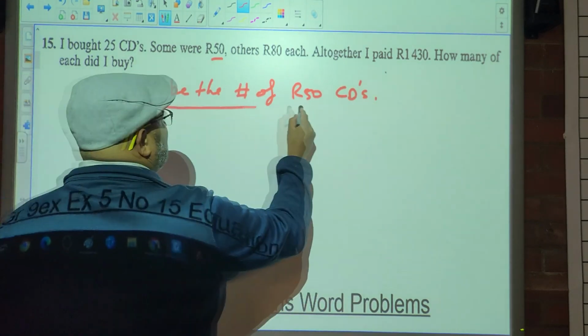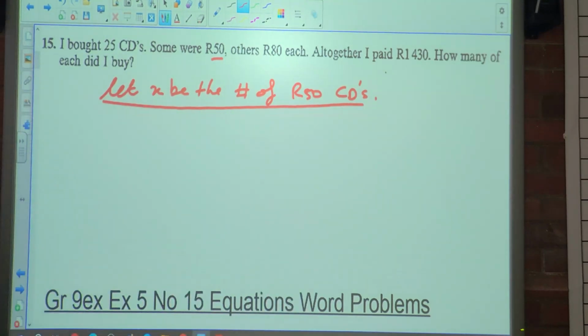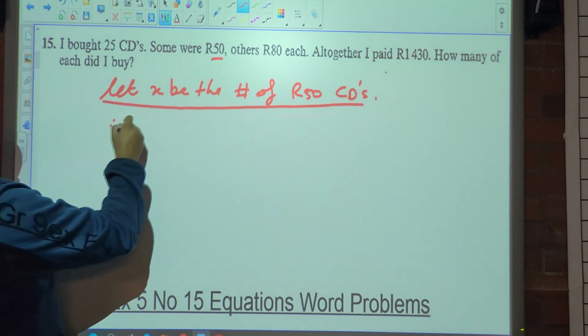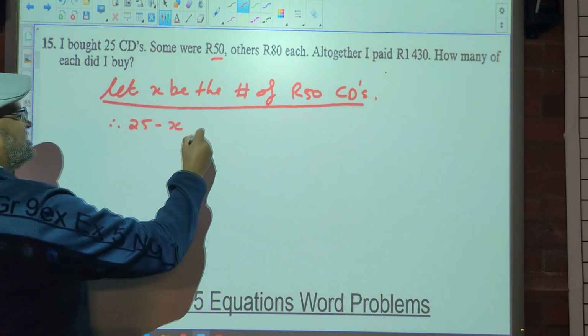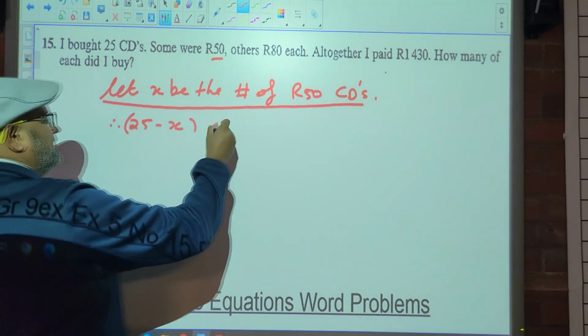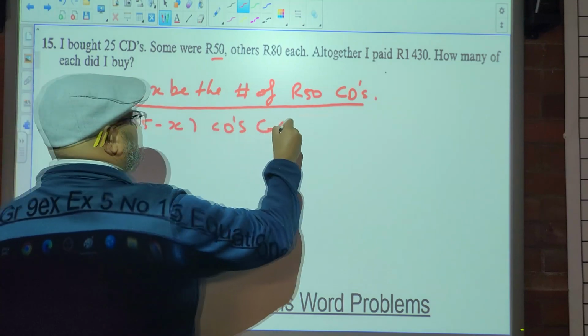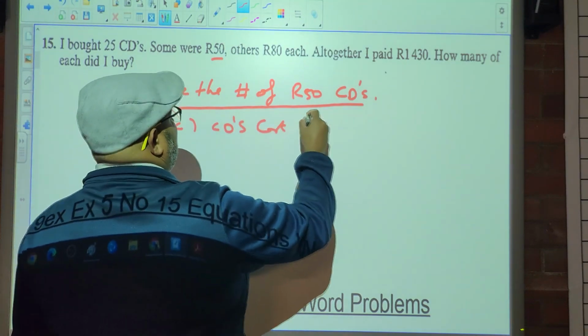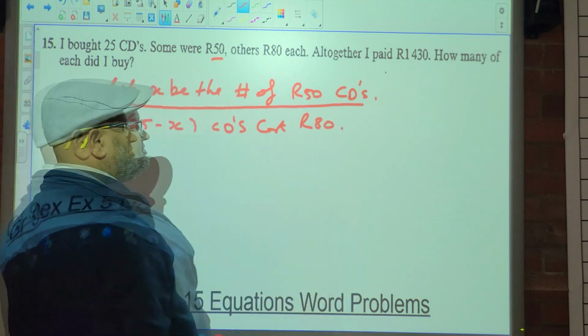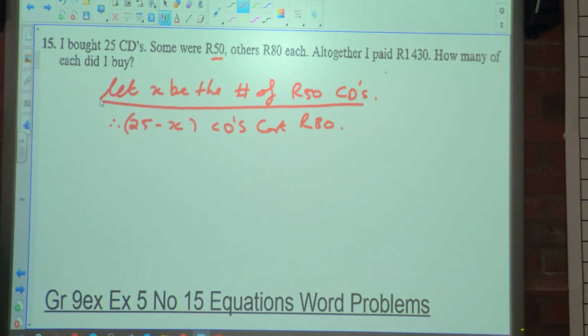So if X is the number of CDs that cost 50 Rand, then how many CDs were 80 Rand? 25 minus X. No? So therefore, we got 25 minus X CDs that cost 80 Rand. You all agree with that?